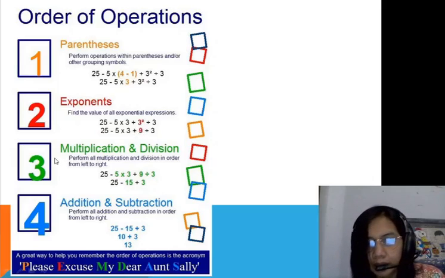Then step 3, multiplication and division. Perform all multiplication and division in order from left to right. Look at here. 5 times 3 equals 15, and 9 divided by 3 equals 3.